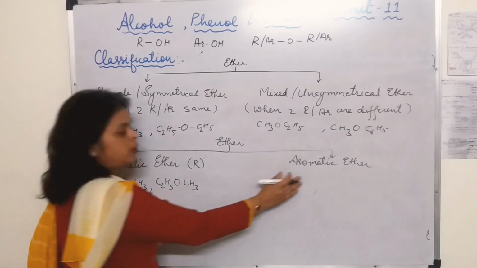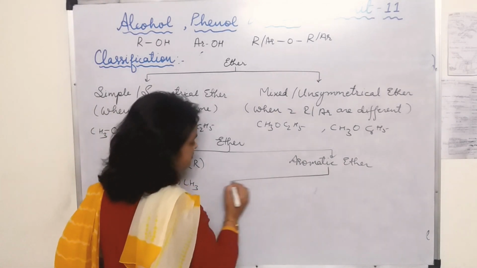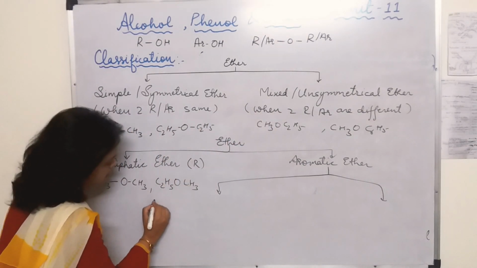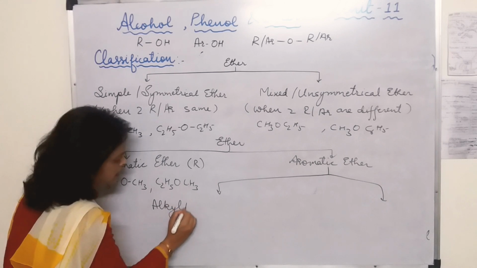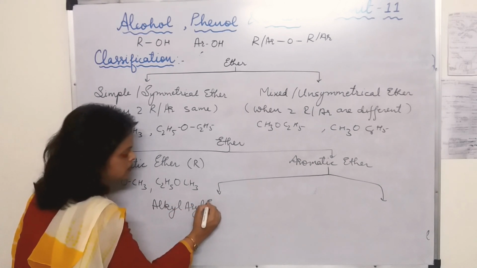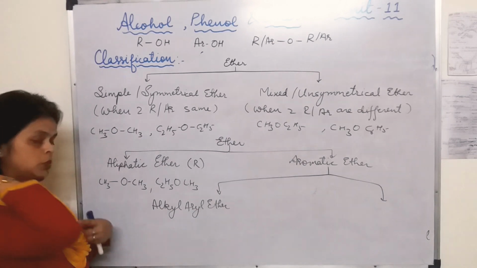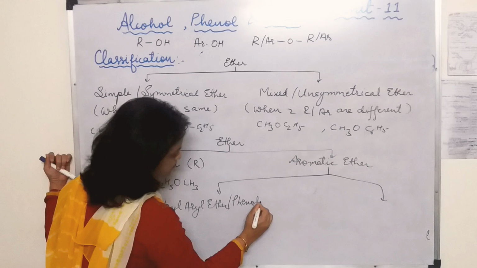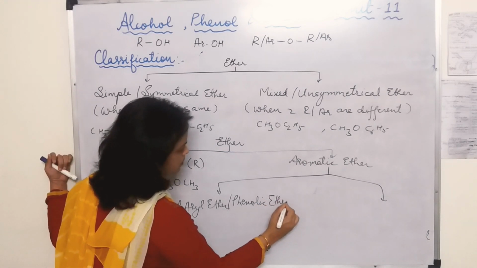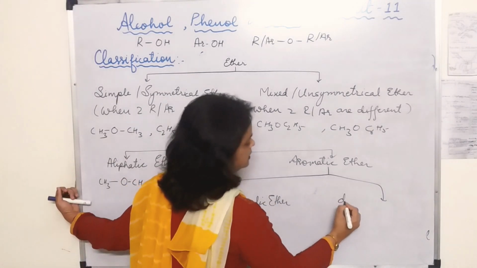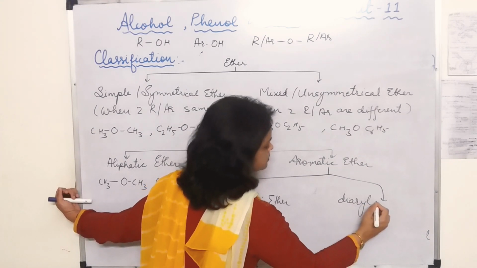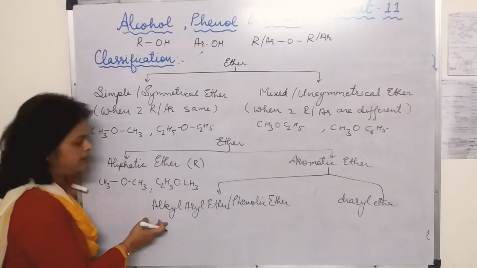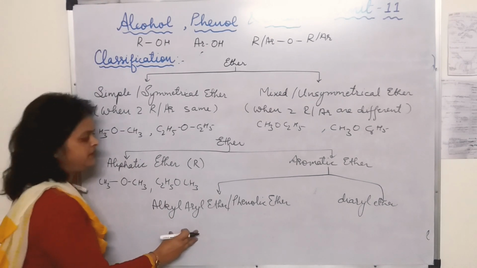Now aromatic ether can further be divided into 2 types. The first one is alkyl aryl ether, which is also called phenolic ether. And the next one is diaryl ether. Now alkyl aryl, as the name indicates, one side we have alkyl, one side we have aryl.